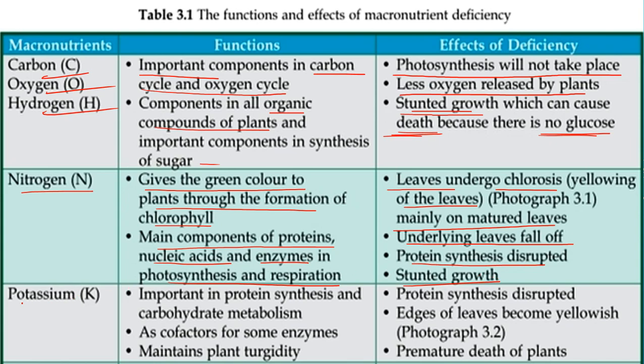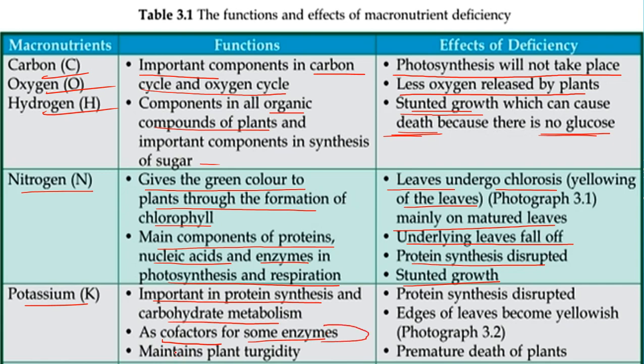Next one, potassium. This is important in protein synthesis and in carbohydrate metabolism. Dia juga bertindak sebagai cofactor for some enzymes. What is a cofactor? Cofactor itu adalah satu bahan yang akan bergabung dengan enzim before the reaction can take place.